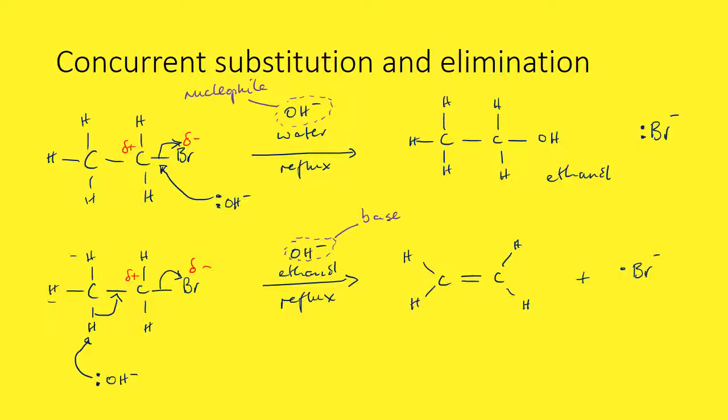I think that last slide cut off a little bit prematurely, but we were virtually finished there. I just needed to also say that a water molecule would be produced as one of the products, that being the combination of the hydroxide ion acting as a base and the proton that was ripped off from the bromoalkane.